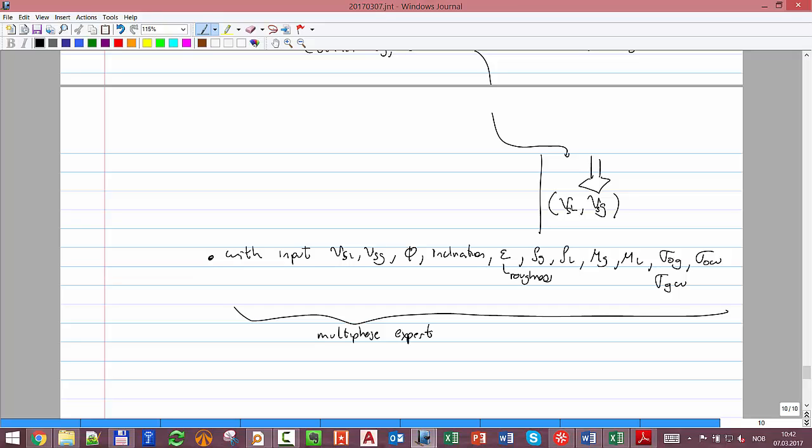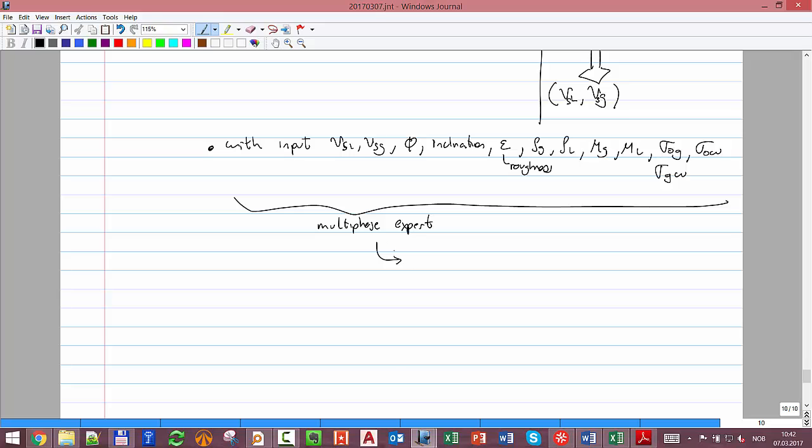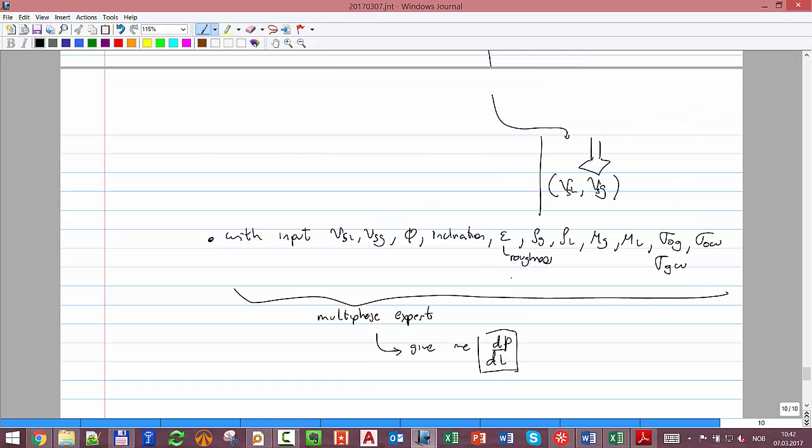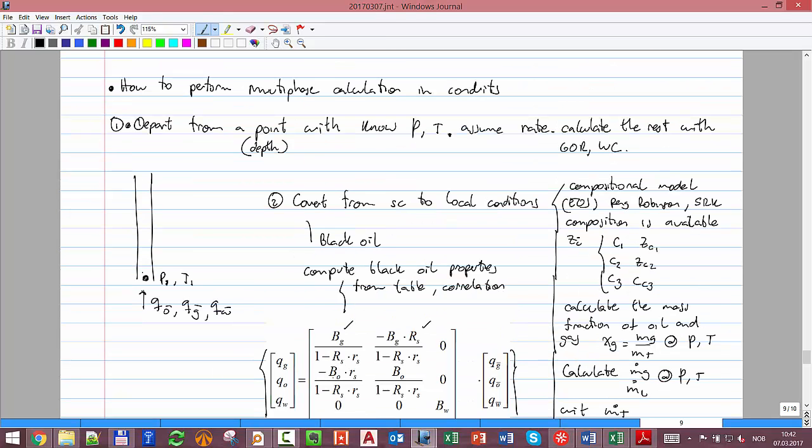who has these maps, mechanistic models, correlations, etc. And you ask the multiphase expert, just like we have done with the solver: please, expert, give me delta P over delta L, the gradient at that particular position. You obtain delta P and delta L. And now, how do I calculate the next point? I have the pressure drop at this point in the tubing.